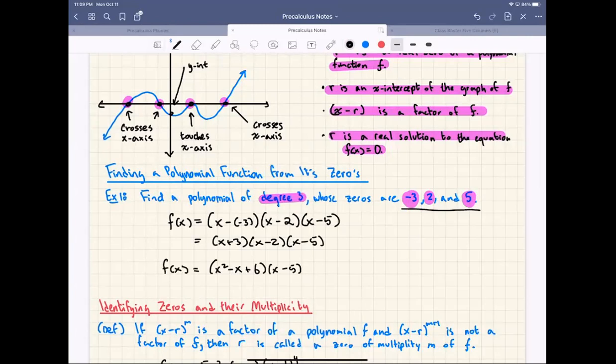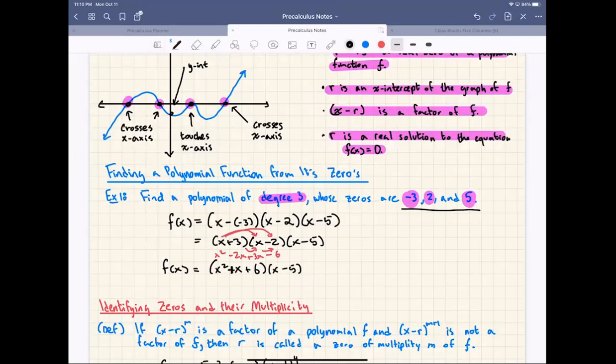So I'll show you right here. That's going to be x squared. Oh, this should be a plus. Minus 2x plus 3x minus 6. Right, so just a little mistake right here. It happens.